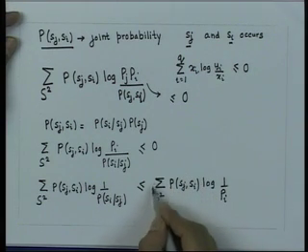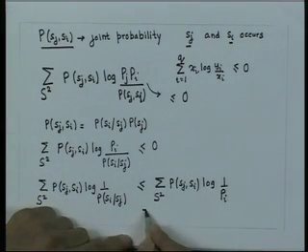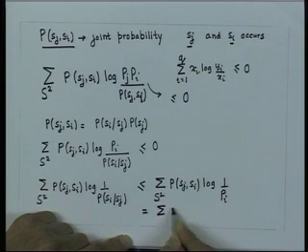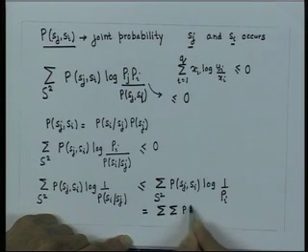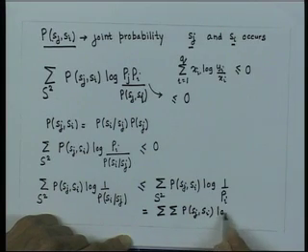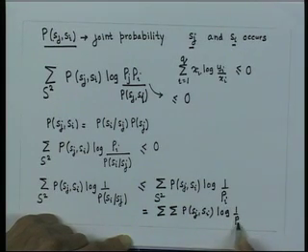If you look on the right hand side and concentrate on this term, this is nothing but equal to double summation of probability of S j S i log of 1 by Pi.